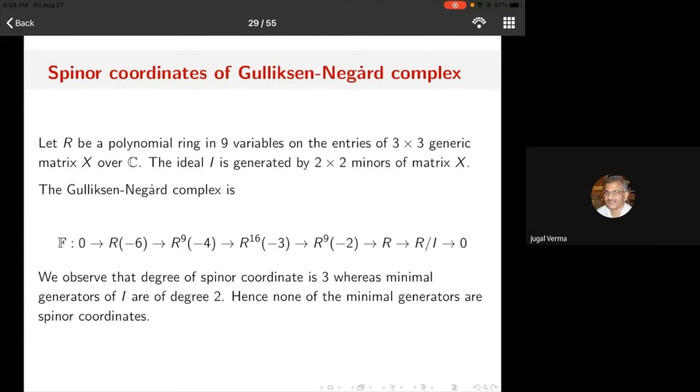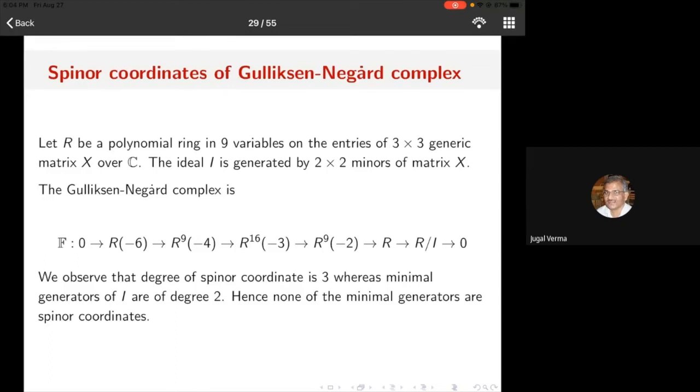So we consider a 3 by 3 generic matrix X, and we consider the ideal of 2 by 2 minors of this X. The resolution of this ideal is called the Gulliksen-Negard complex. In this case, by degree comparison, we can see that the Spinor coordinates are of degree 3, whereas the minimal generators of the ideal are of degree 2.